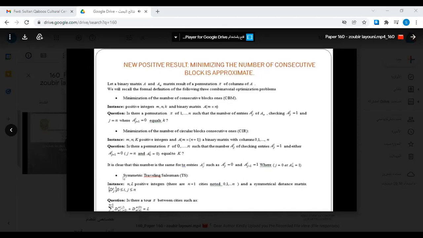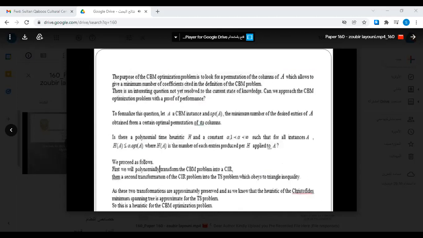The third one is the symmetric traveling salesman. The instance is positive integers and a symmetric distance matrix D. The question is: is there a tour P between cities such that the sum is equal to L? The purpose of the CBM optimization problem is to look for a permutation of the columns of A which gives a minimum number of coefficients satisfying the definition of CBM.